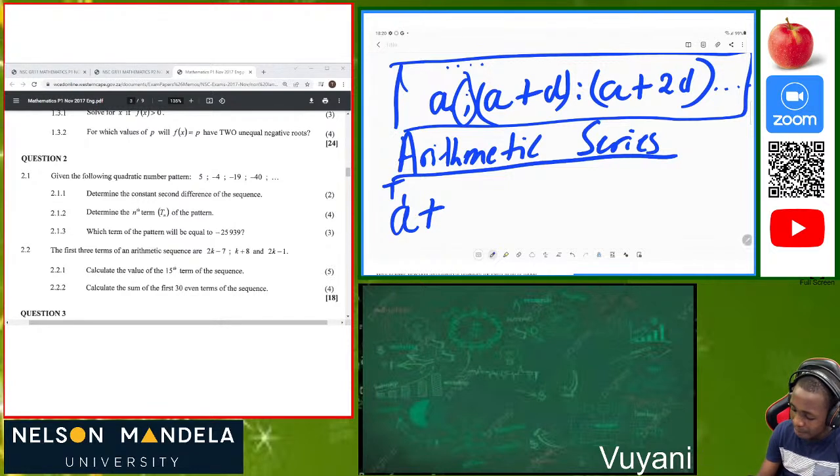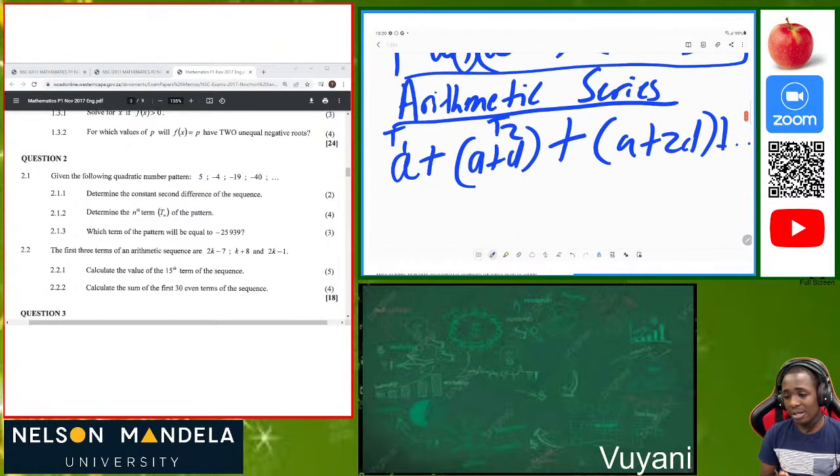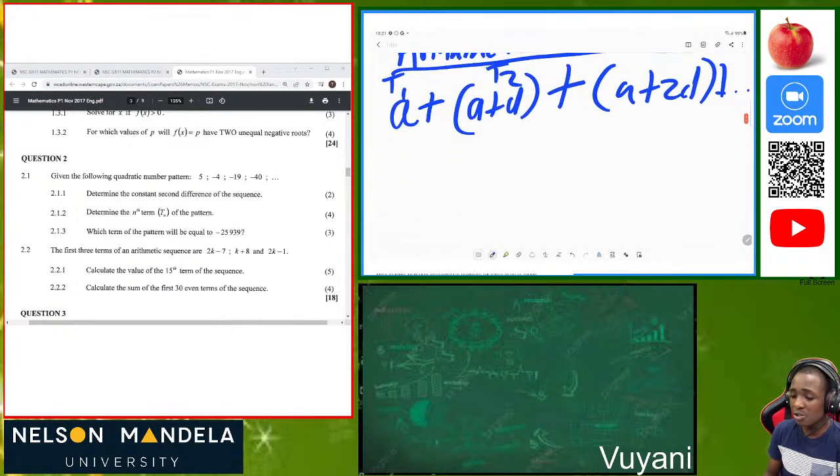So we have a plus a plus d. This is our T2, we know that. And we also have a plus 2d, and just like that. So these are our series. So we have a formula to calculate the sum of the terms of a series or of a sequence.